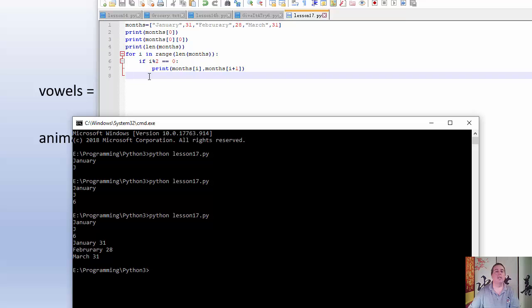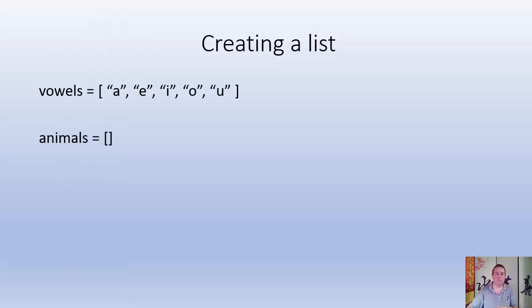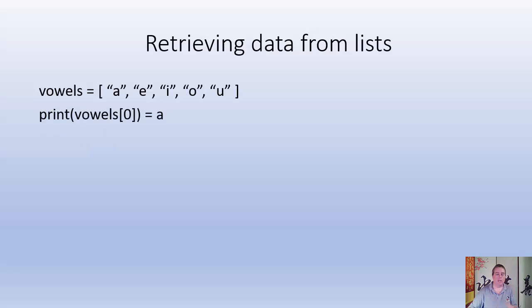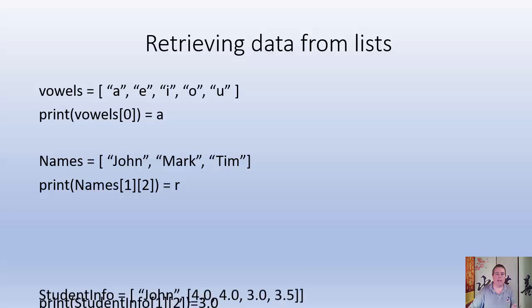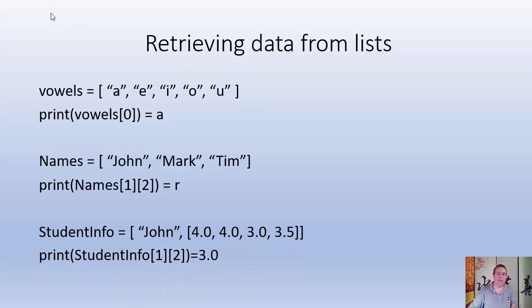All right. So, let's see. Anything else over here? I already got that. And I already told you about that. Okay, like I said before, your lists do not have to be the same type of data. So here is a student named John, and there is his 4 grades, okay?